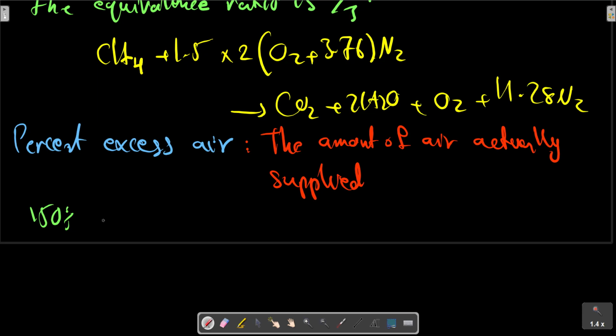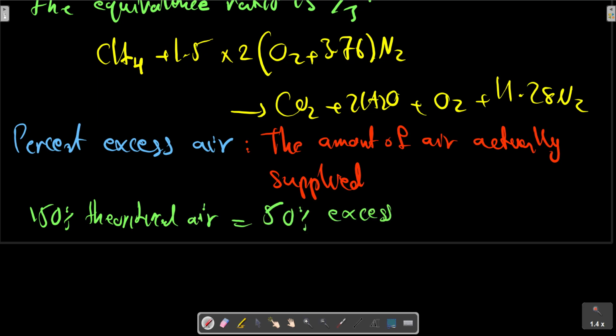The terms theoretical air, excess air, and equivalence ratio are of the kind used to give equivalent information about the mixture of fuel and air.